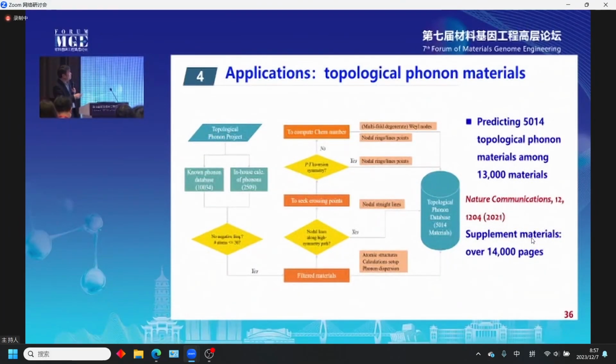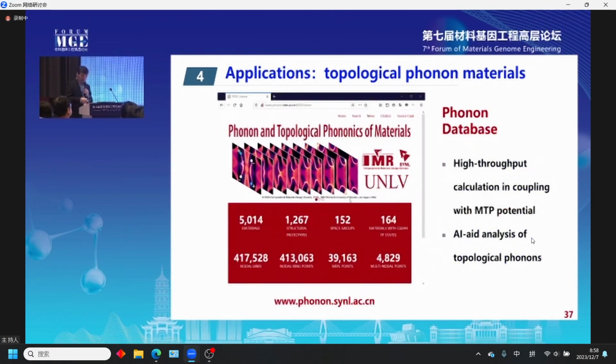Finally, we also compare this kind of method to topological phonon materials. Due to the time limitation, I will just go fast. We predicted new topological phonon materials, and we built a phonon database.